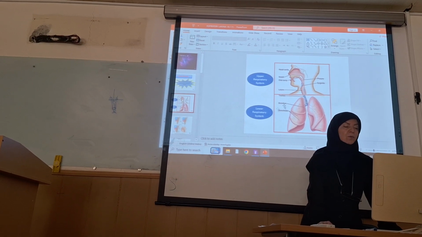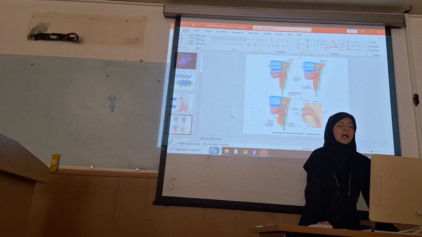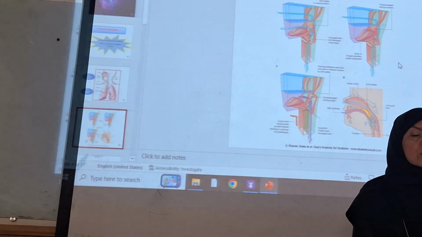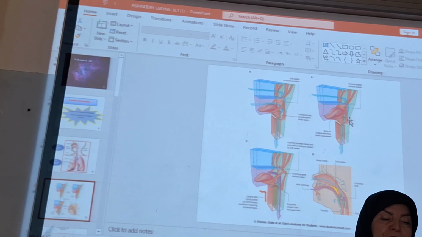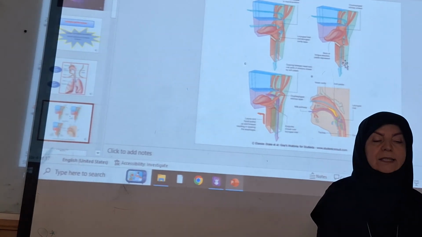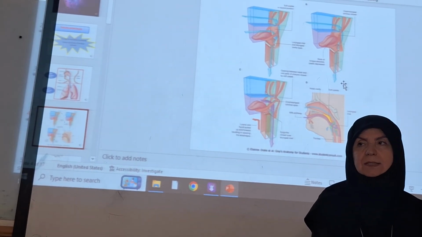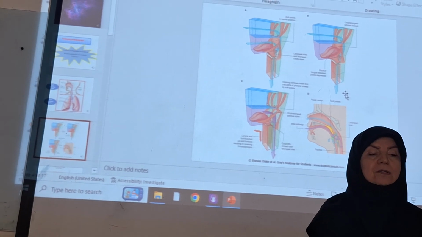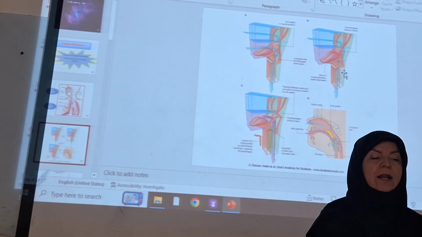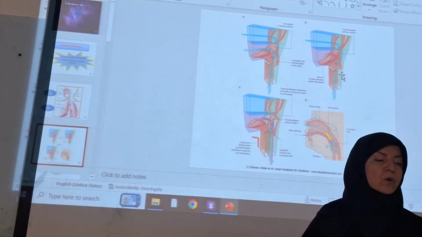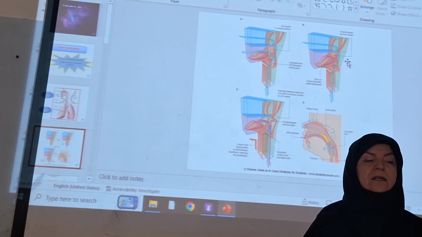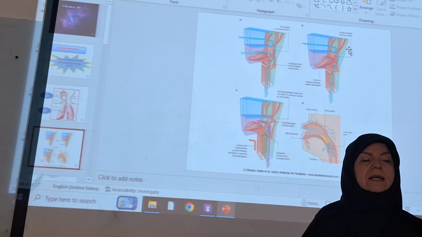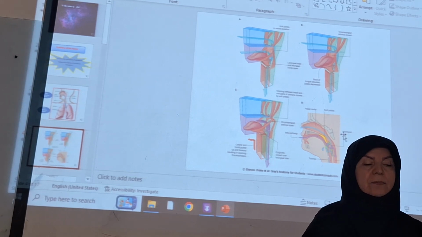And the inferior portion we call the laryngopharynx. You should know that the pharynx inferiorly is going to be continued to the esophagus. Superior to the esophagus, the pharynx consists of three portions: the laryngopharynx, the oropharynx, and the nasopharynx.